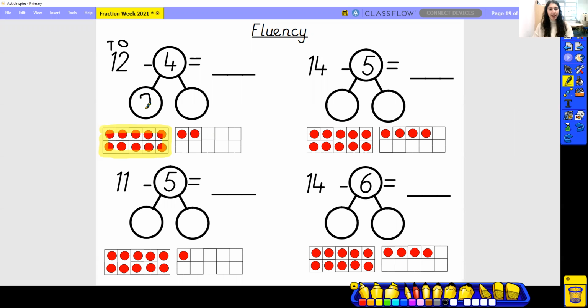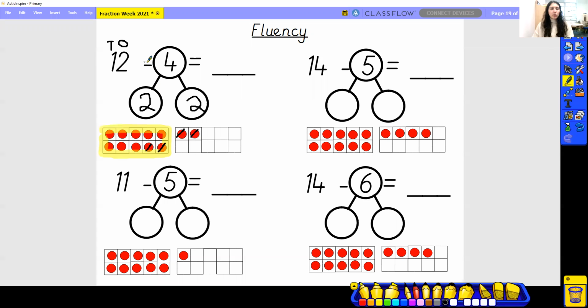That's right, I need to subtract 2. 1, 2. Now that leaves me with my 10, but I didn't want to just subtract 2, I wanted to subtract 4. So how many more do I need to subtract? Well, 2, 3, 4. I needed to subtract 2 more to make sure that I've subtracted 4 altogether.